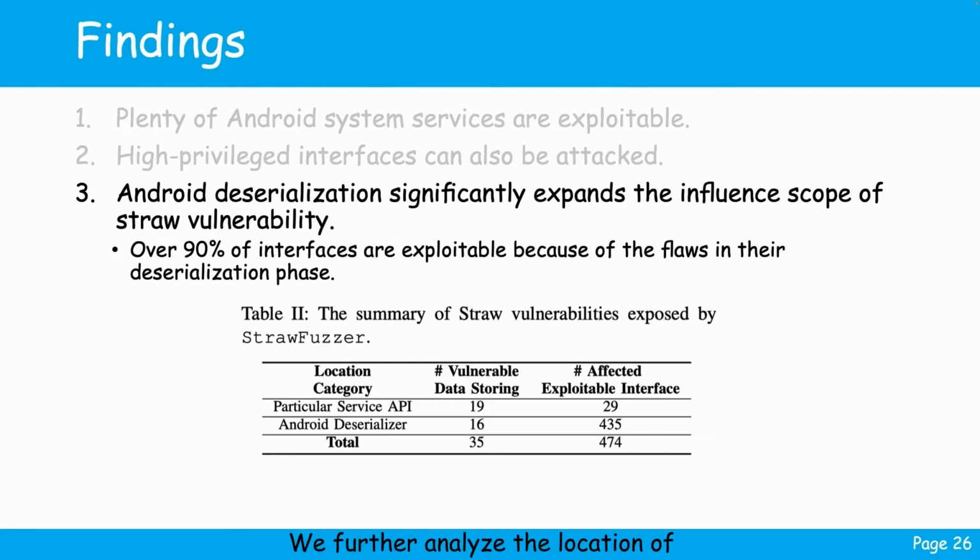We further analyze the location of vulnerable data storing instructions, as shown in the table. Though 54% of the vulnerabilities exist in the particular APIs, they only affect a small part of the exploitable interfaces. That is, over 90% of interfaces are exploitable because of the flaws in their deserialization process.